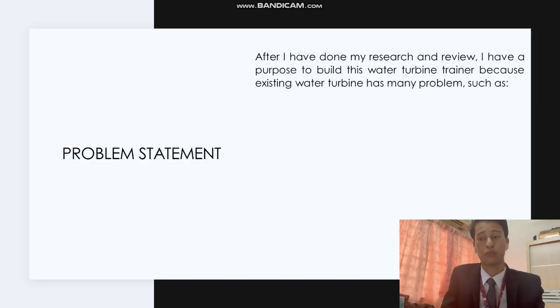Okay, in the problem statement, after I have done all my research and review by my supervisor, I have a purpose to build or improvise this water turbine trainer because the existing water turbine has many problems.